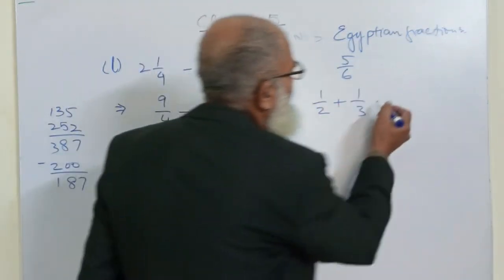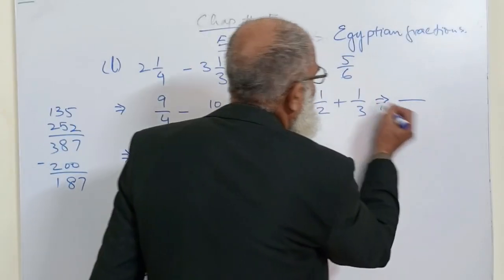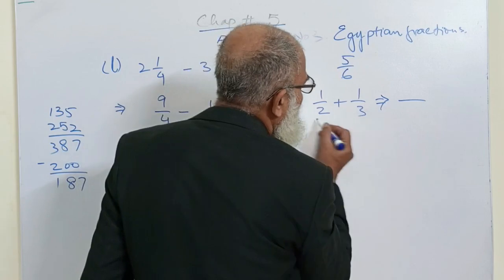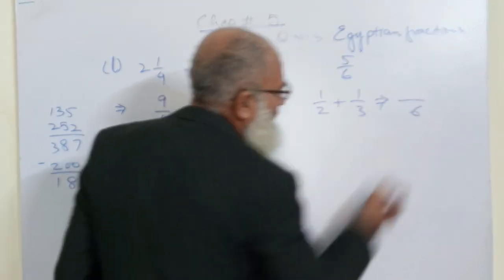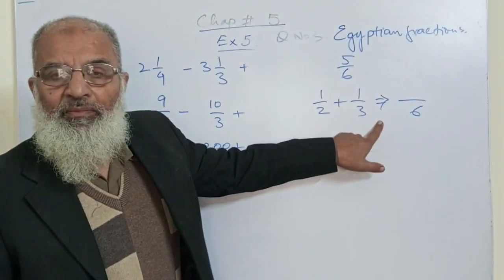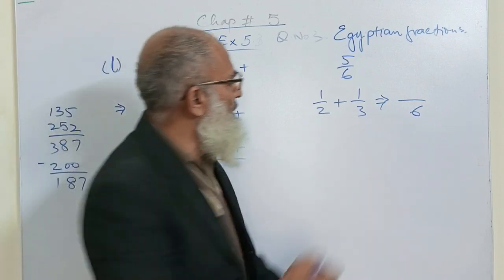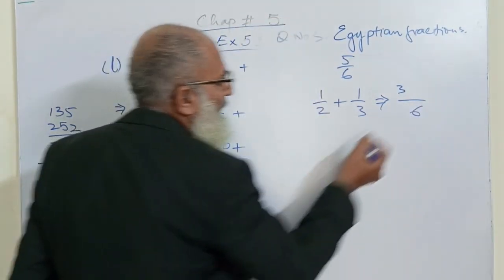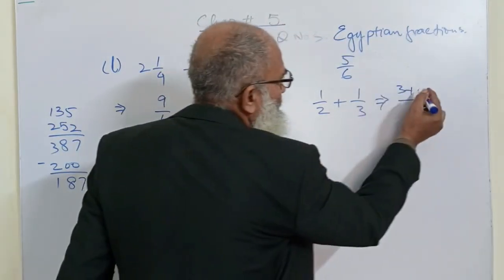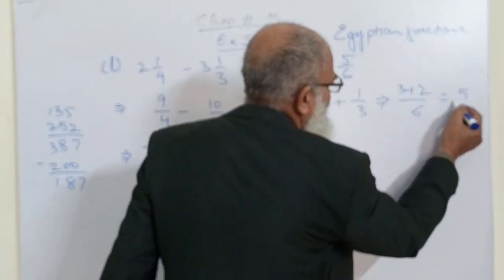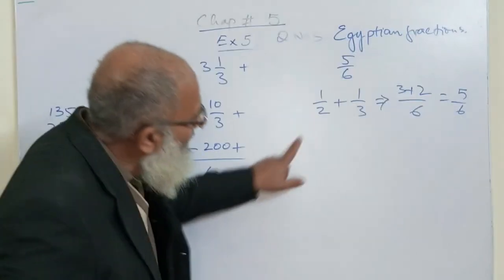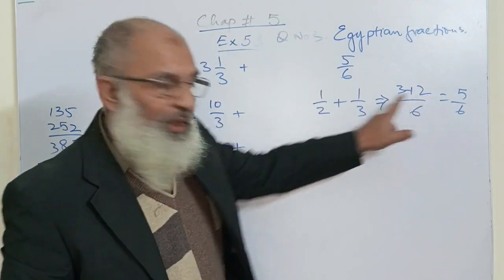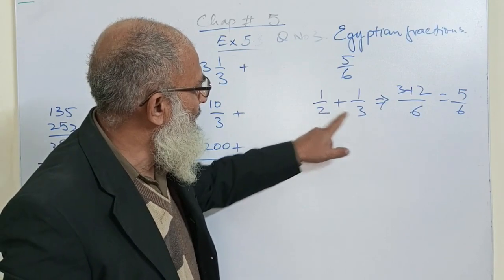Now if we solve this fraction, the result will be 6 in the denominator, and 2 goes 3 times, so the 3 will come over here, and plus 2 will come over here, and the answer will be 5. You see, the alternate numerators are coming over here.